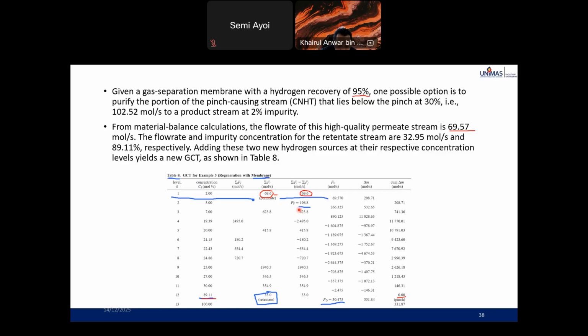So from here, we identify that the fresh feed required is reduced by about percent. For the gas cascade itself, without the regeneration, it requires around 268.81 mole per second. After the regeneration with membrane, it only requires 196.8 mole per second. Even the discharge is really low, previously it's 102.5.